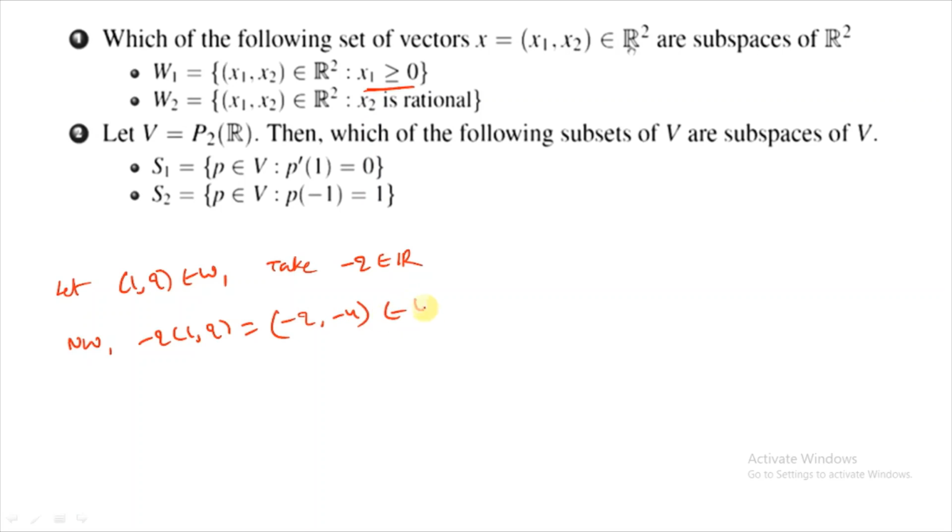If it belongs to W1, the x1 coordinate must be positive, but here it is negative. This does not belong to W1. That is scalar multiplication. Scalar multiplication is not satisfied.